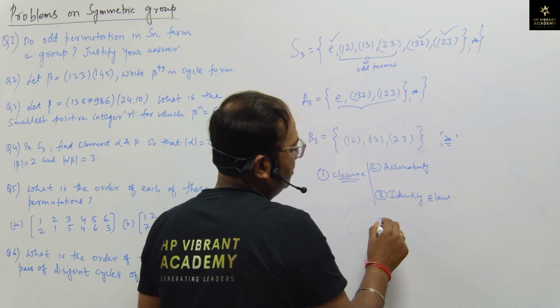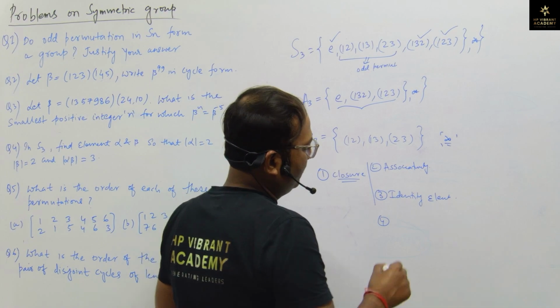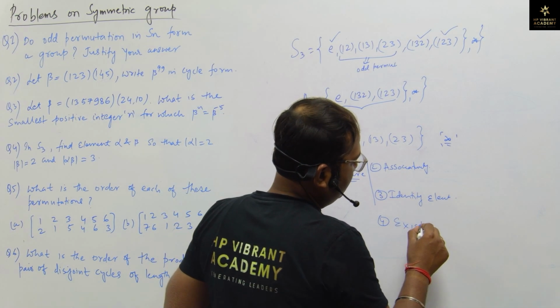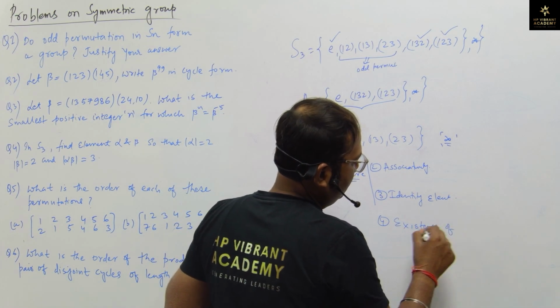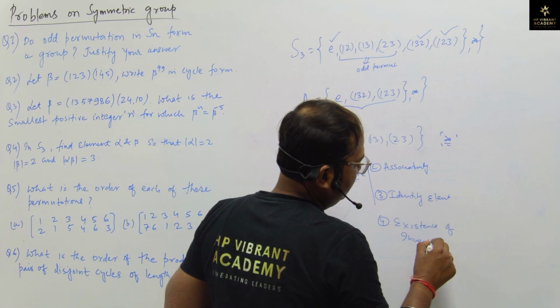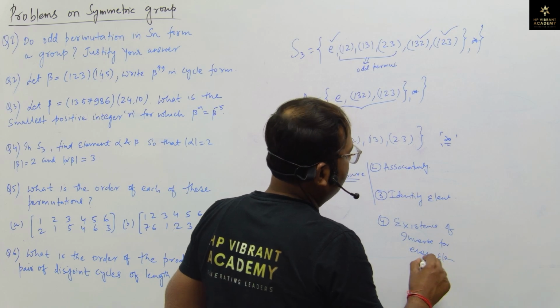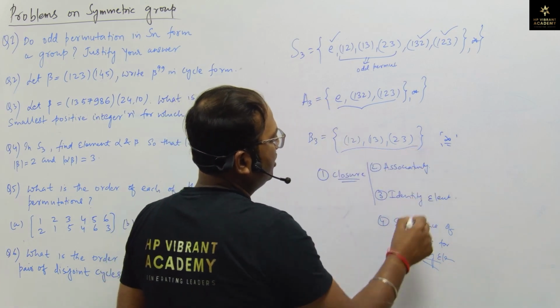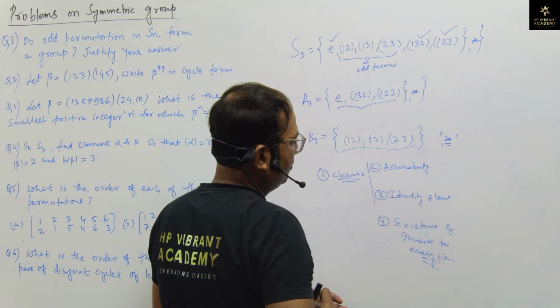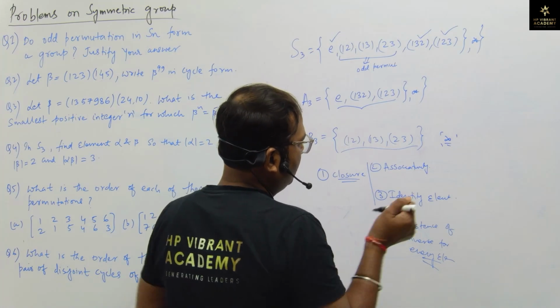Fourth one is the existence of an inverse for every element. But in this particular set there is no identity element. Is there an identity element? No, there is no identity element.